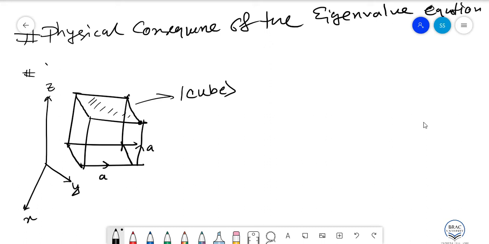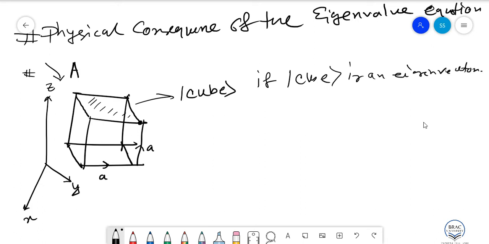And what I want to do now is use some operator, let's say capital A, and if this cube is an eigenvector, that is each of the arms of the cube is an eigenvector of this A, then let's say A of cube will give me 3 times cube.